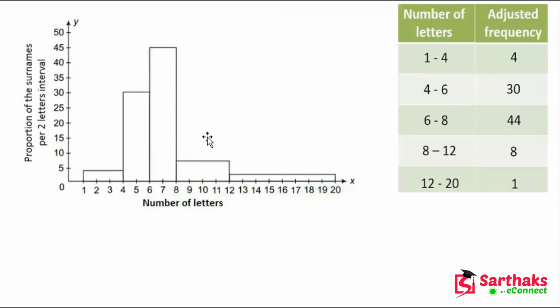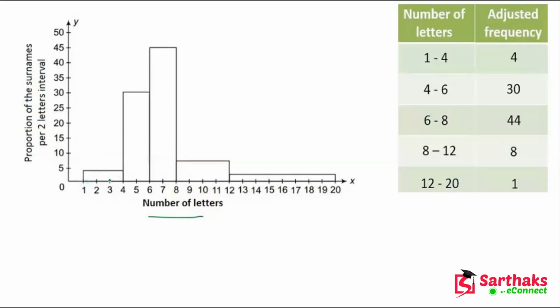Now with the help of this data, we have the number of letters and the adjusted frequency, and with the help of this we are going to draw the histogram. On the x-axis we take the number of letters, and on the y-axis we take the proportion of surnames per 2-letter interval.